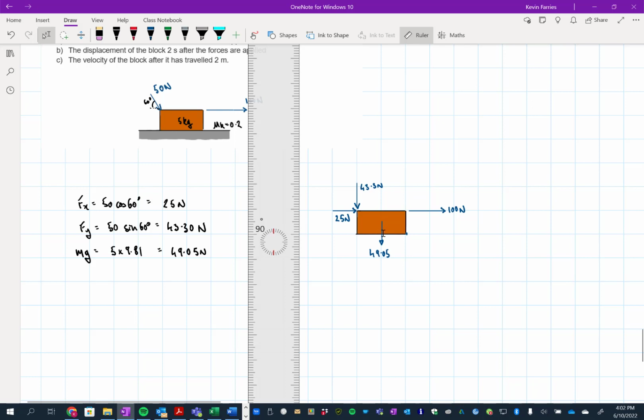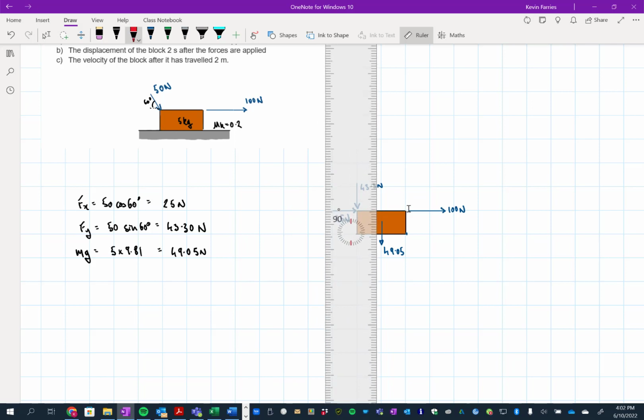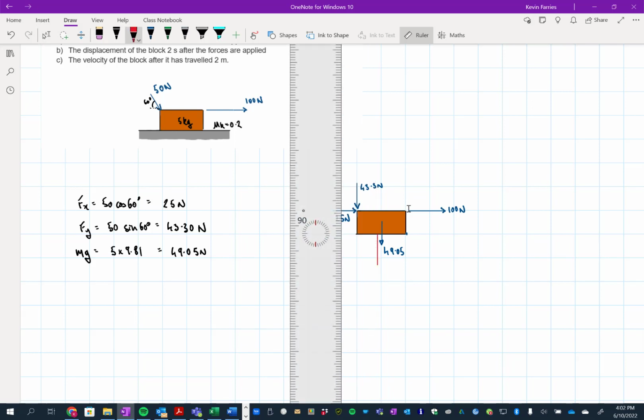This would be 150. So I've kind of got 125 plus 100. So this is slightly higher than that. I'm just doing this in my head, thinking about where these are. So my normal reaction is probably slightly this way when you think about the moments from each of those forces to balance those moments. So then we've got an N this way.